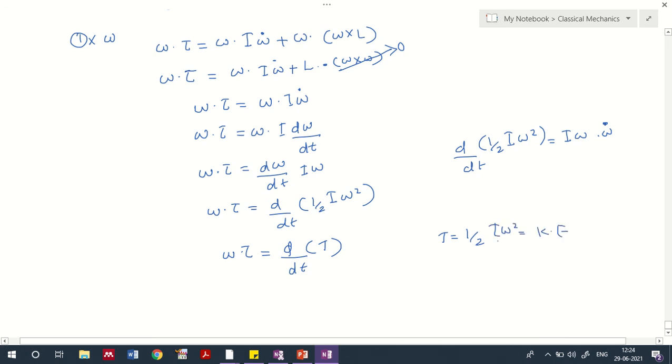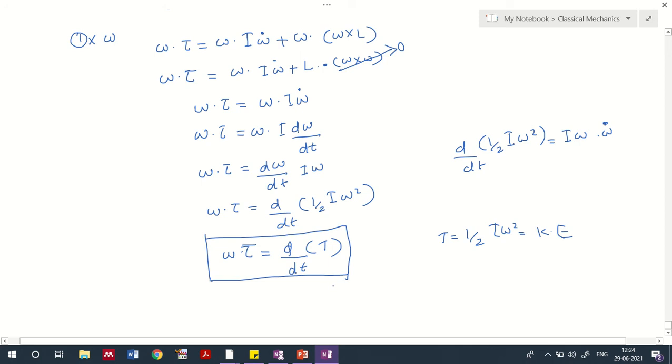So we got a relation between torque and kinetic energy: omega dot tau is equal to the derivative of kinetic energy. If you take the derivative of kinetic energy, you get omega dot tau, where tau is the torque.